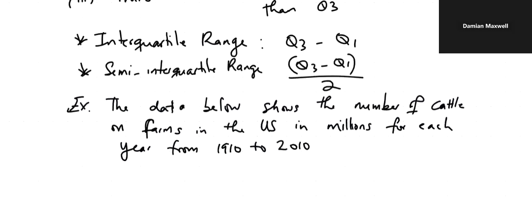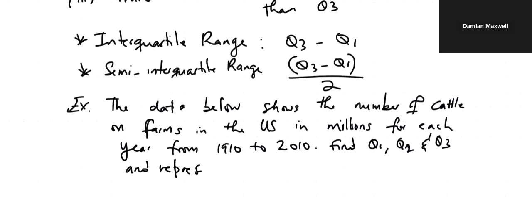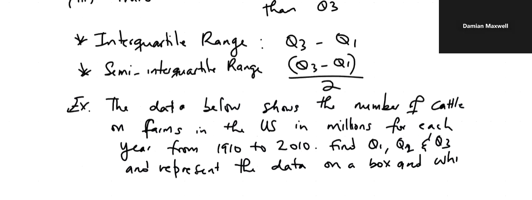And then it is asking you to find Q1, Q2, and Q3 and represent the data on a box and whisker plot.